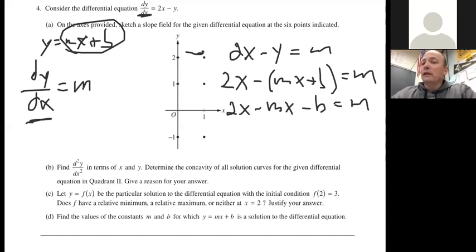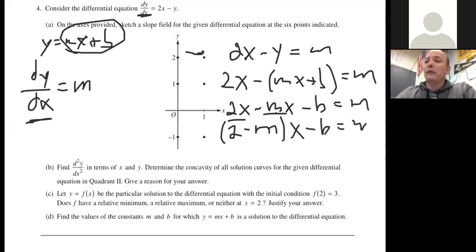So if you look here and here, we have a common factor of x. So I'm going to factor that x out and get (2 minus m) times x minus b is also equal to m. Okay, so this is going to be a pretty hard problem.